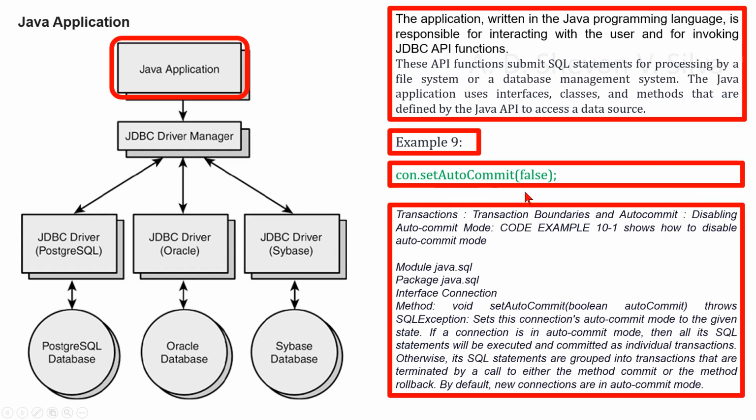Here we are setting auto commit off. When auto commit is disabled, each transaction must be explicitly committed by calling the connection method commit, or explicitly rolled back by calling the connection method rollback.